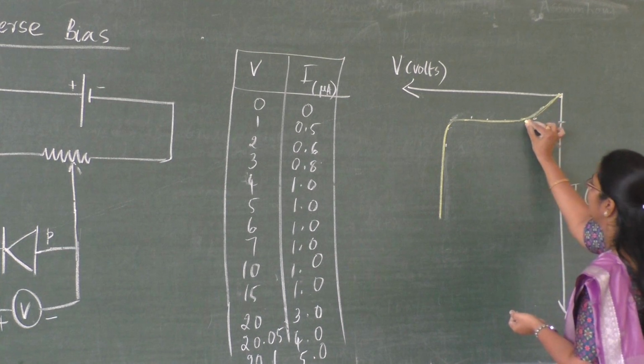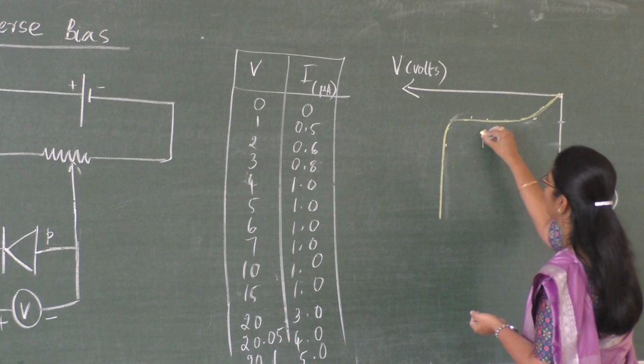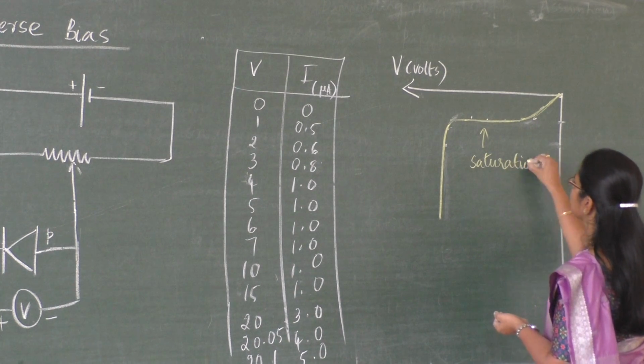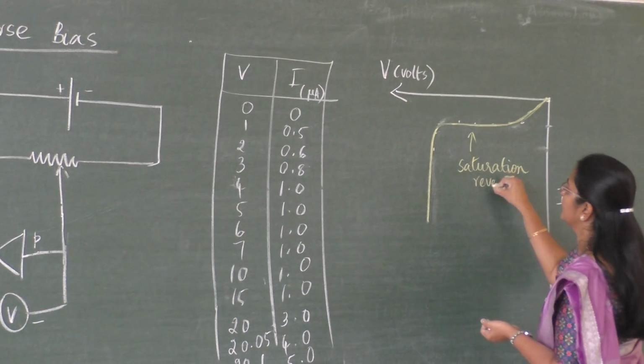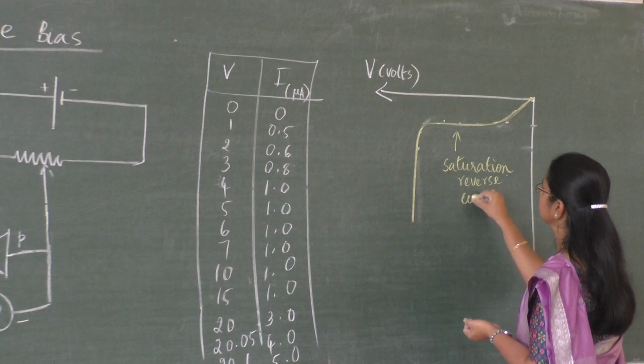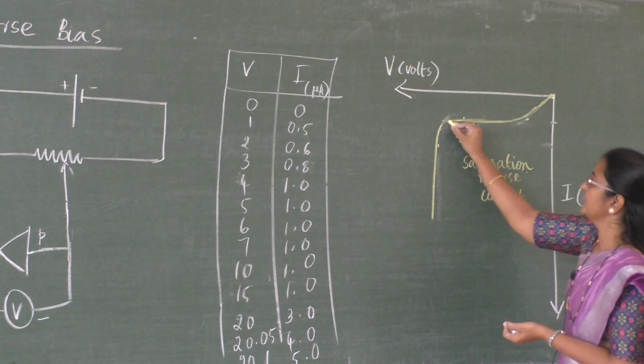First, immediately after 0 the current increases a little, then it remains constant. This portion is called the saturation reverse current. Why the word reverse? Because it is under reverse bias.